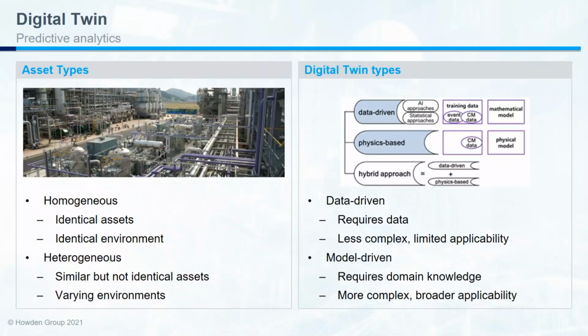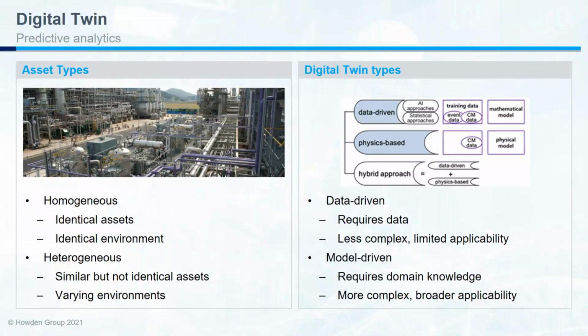So when we start with a new development for uptime, it's always important to check what type of asset you are aiming for. Are you looking to develop a digital solution for more homogeneous assets, which are identical assets, often also operating in identical environments?